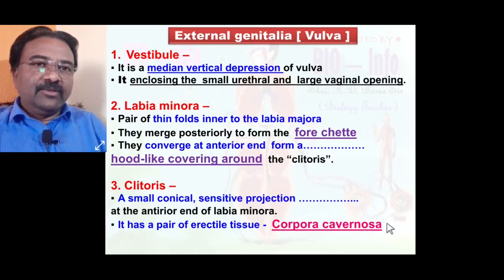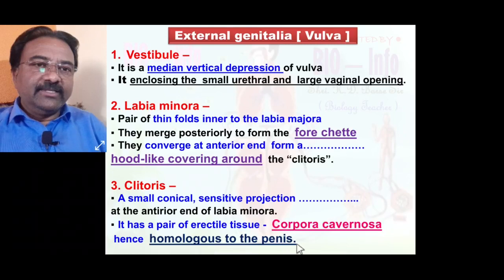So clitoris is homologous to the penis, a human external genitalia. Why are clitoris and penis homologous organs?